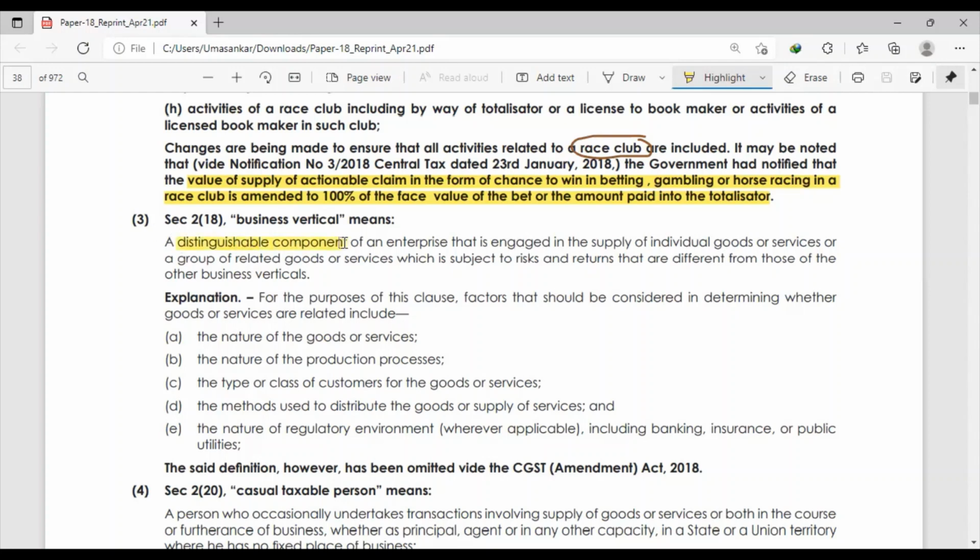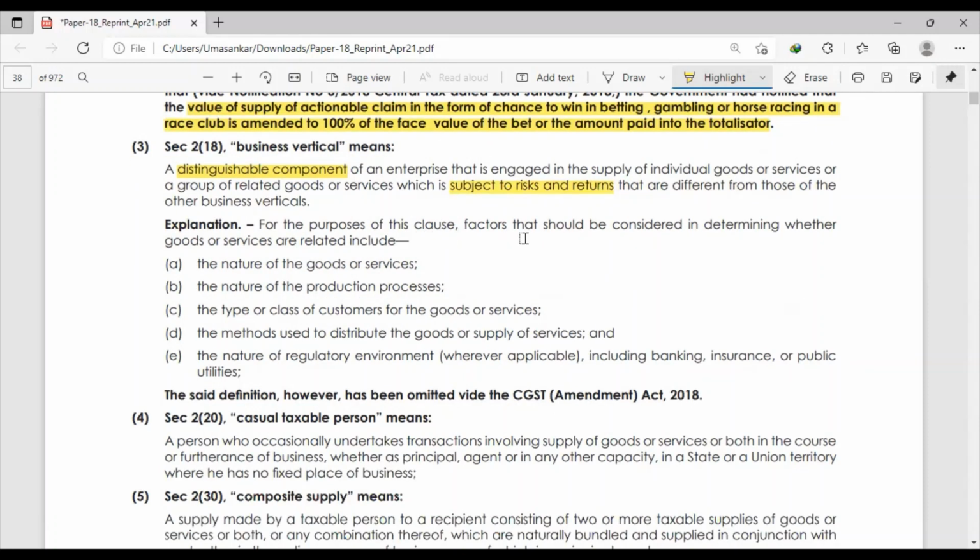This is a distinguishable component which is engaged in supply of individual goods, services, or related goods. So both components may be related or may not be related, but subject to risks and returns. Next explanation: what are the factors to be considered in determining whether goods and services are related?